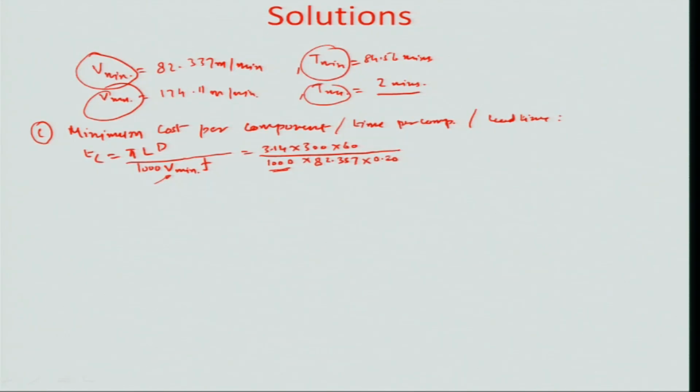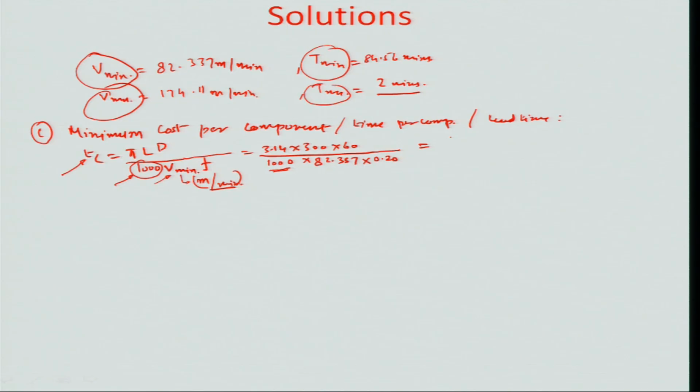So that is how the cutting time equation has been designed. Remember, the V min, or the velocity, is always in meters per minute. The reason why, in order to convert this into millimeter, this 1000 factor comes in automatically in the cutting time equation.